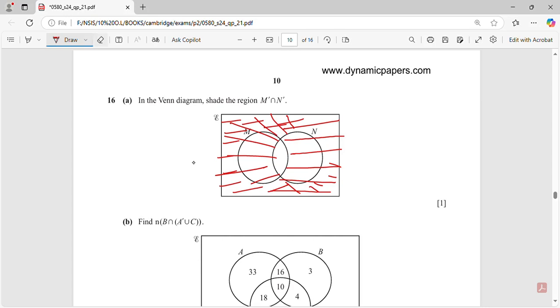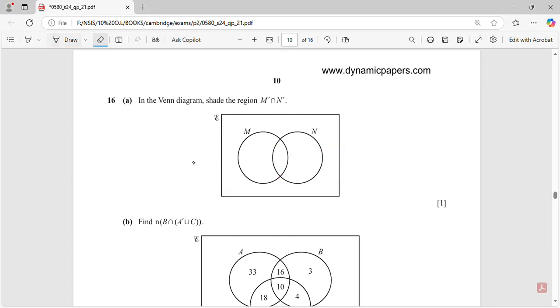But if you cannot recognize it, I will do it again, so you can notice by using lines. M dash first, it will be all this line. That's why I put it here.